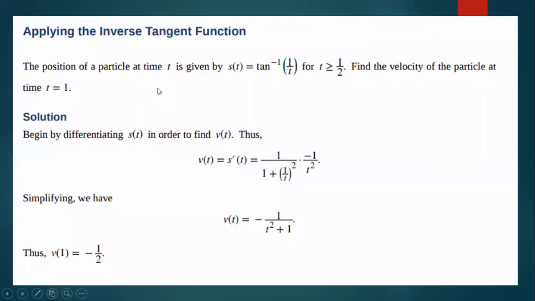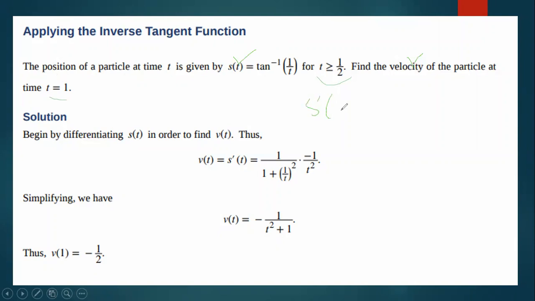Okay, find the inverse tangent function. Let us say that s equals tan inverse of 1/t, and we have to apply t equals 1 to find the equation. So for this, as we know, this is the s(t) function and we have to find the velocity.